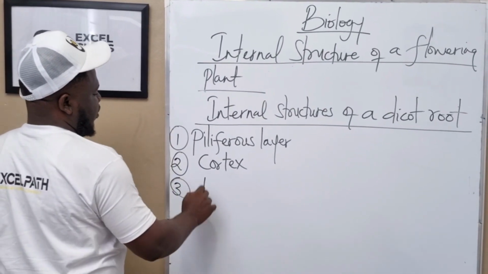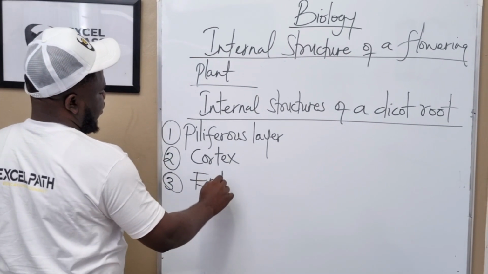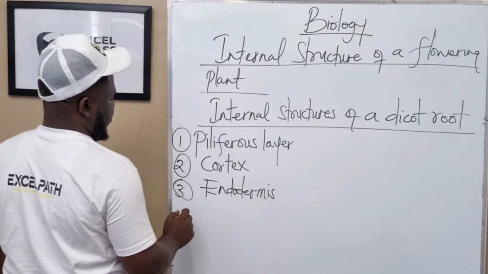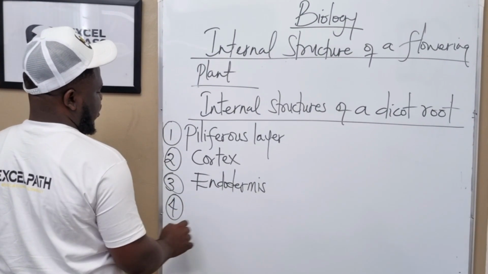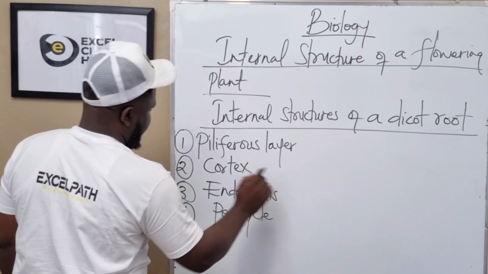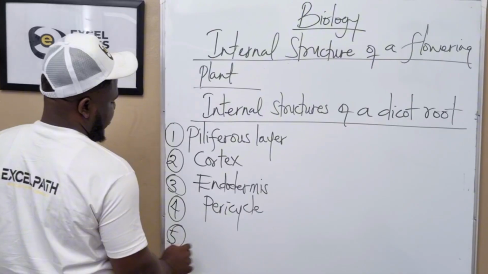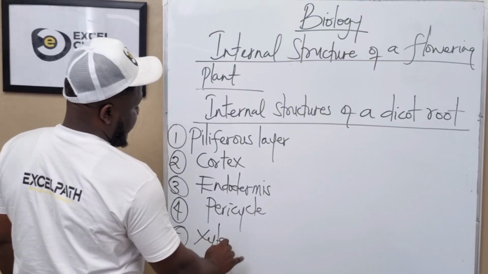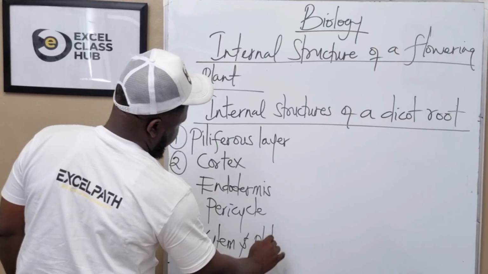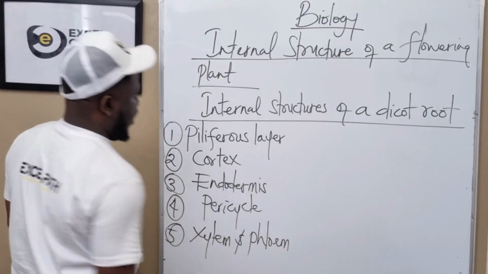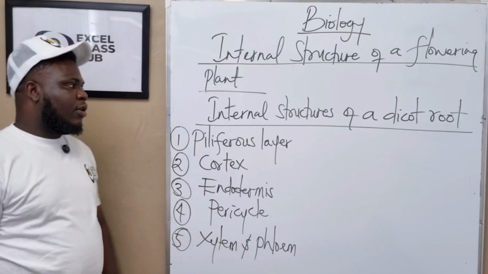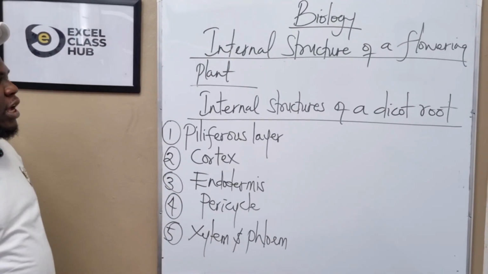Then after that, we have what we call the endodermis. The fourth one is the pericycle. Then the fifth one is the xylem and phloem.